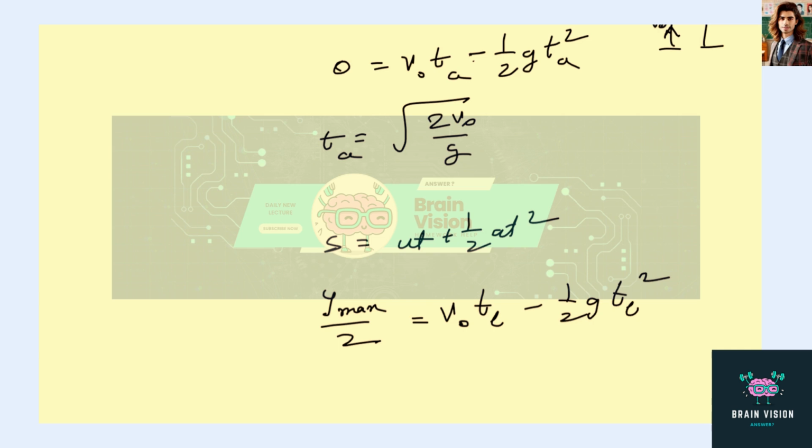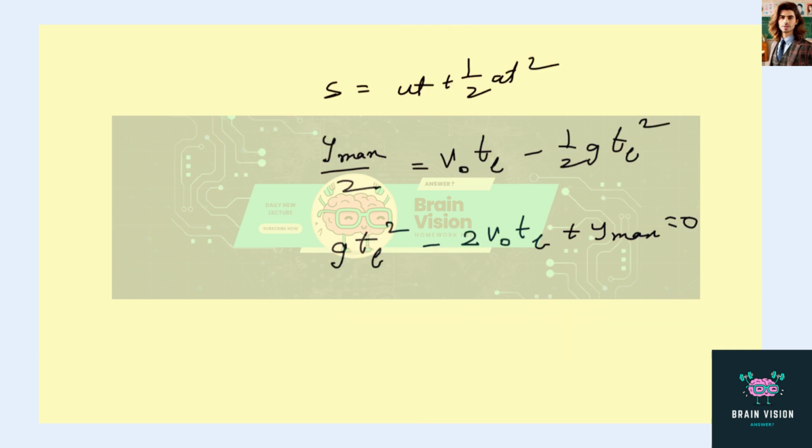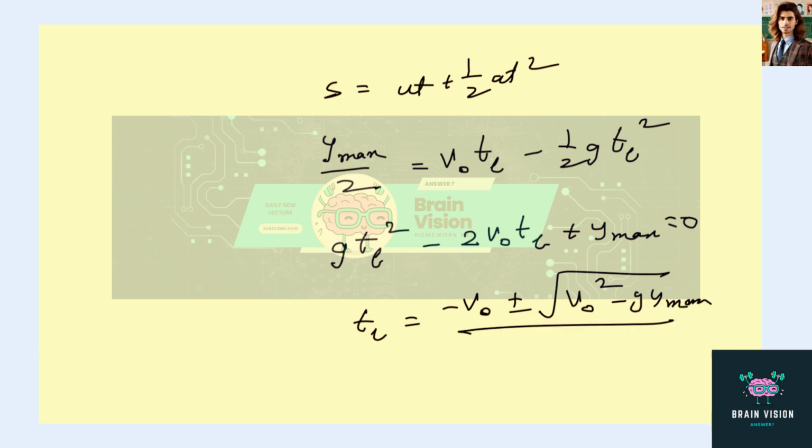In other words, it is a quadratic equation, which is g tb square minus 2 v naught tb plus y max equal to 0. So tb will be equal to, using the quadratic formula, v naught plus minus root over of v naught square minus g y max, over g.